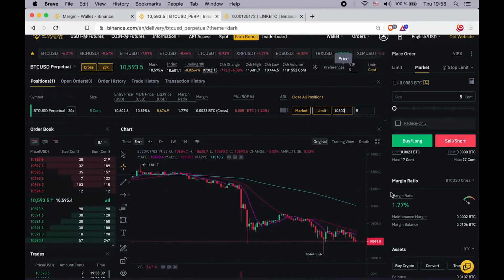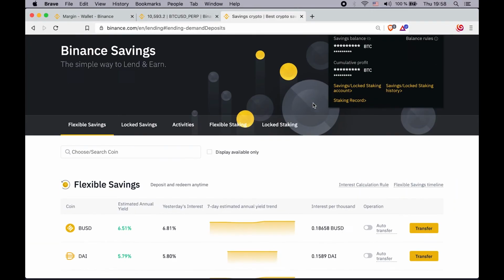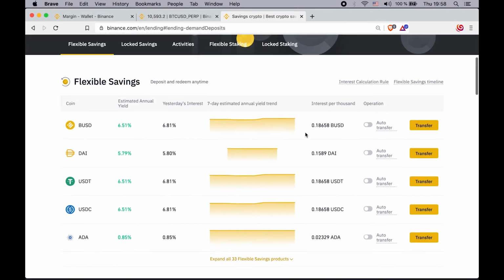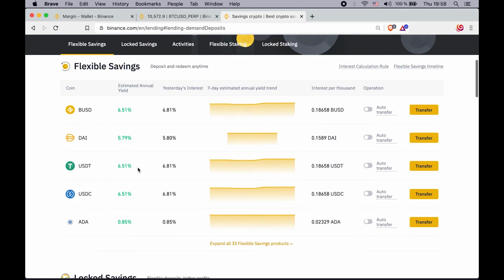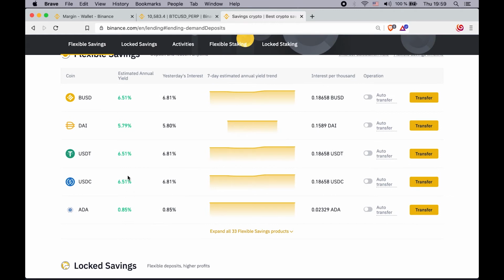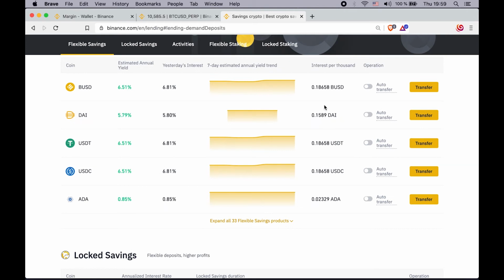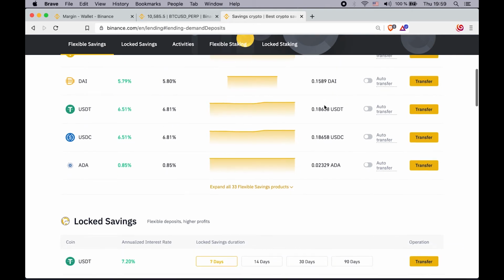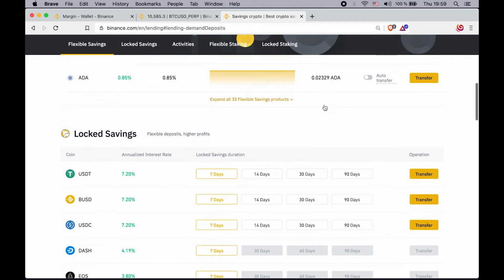Okay, let's look at the savings page while we are in position. Binance savings is like lending. Here you can basically lend your crypto or stablecoins like a deposit in the bank. You can give your crypto for this annual interest rate. The exchange lets margin traders borrow it from you, and you are guaranteed this annual interest rate.